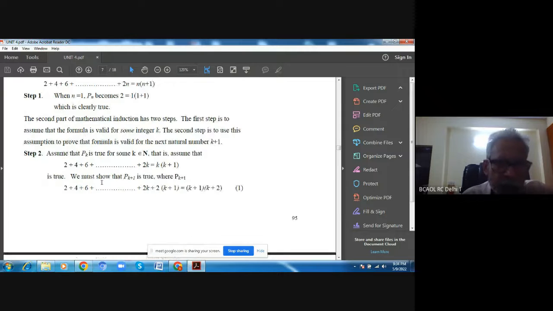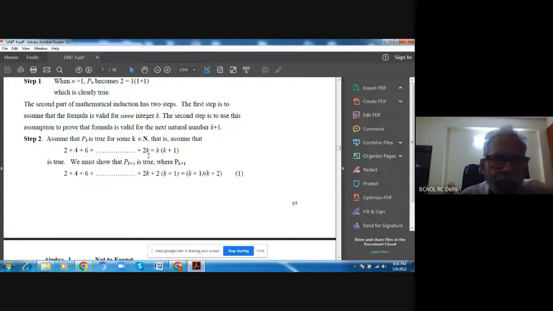Then the second step, k plus 1. So it is 2k. Here you see in the IGNOU books, they have clearly written up to 2k here. Then these things have been added. So 2k plus 1. Up to this, they have written the same thing.